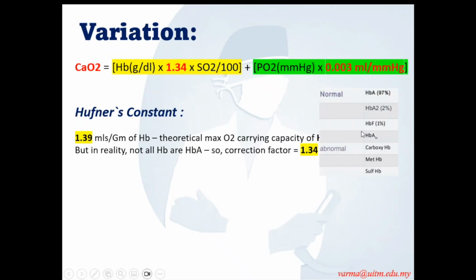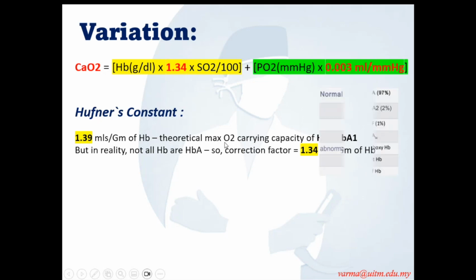But in reality, 97% of our blood is HbA, and the other 3% is other hemoglobin, which has less oxygen carrying capacity: HbA2, HbF, HbA1c, carboxyhemoglobin, methemoglobin, sulfhemoglobin. These do not have the perfect oxygen carrying capacity. Thus, we have to give a correction factor. So we use 1.34 mL. This is the real number. 1.39 would be ideal, which is not practical. So we use 1.34. Hope everyone understands. So for exam purposes, please use 1.34.